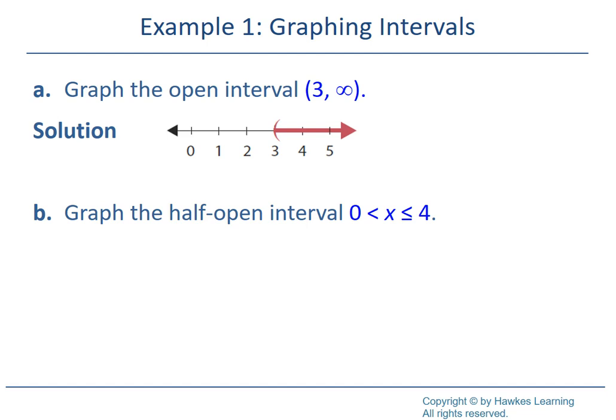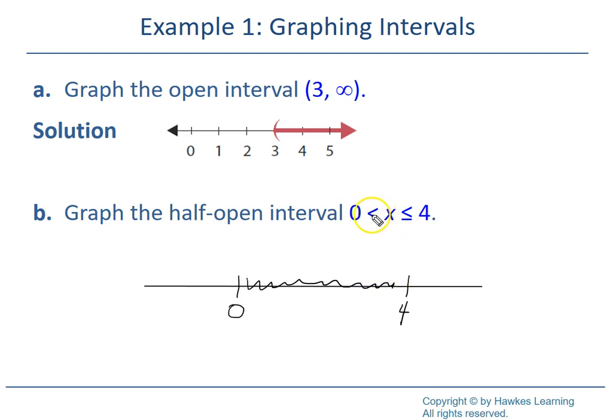All right, now they want us to graph the half-open interval. And again, we're going to have a line. Now, what values are we going to put on this line? Well, we're going to put 0 and 4. Now remember, x is in the middle, so this part is darkened.